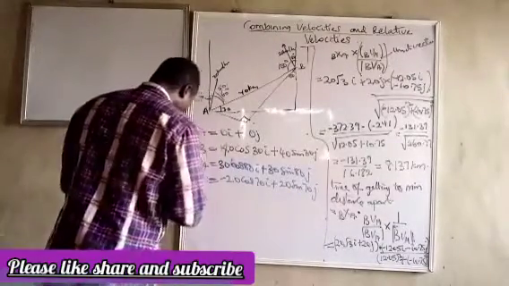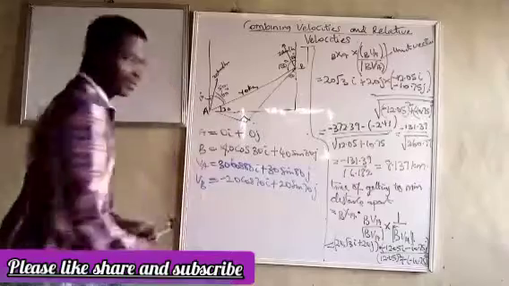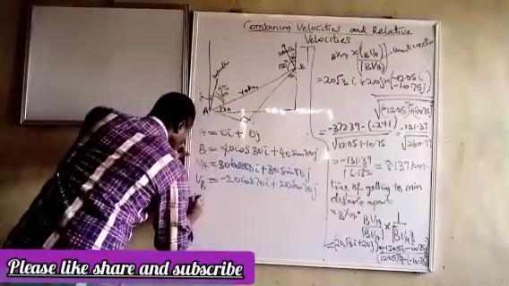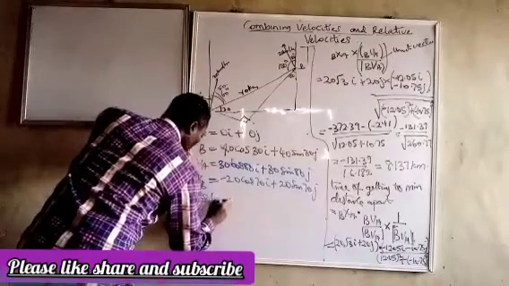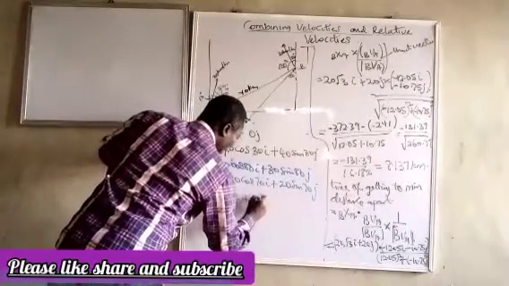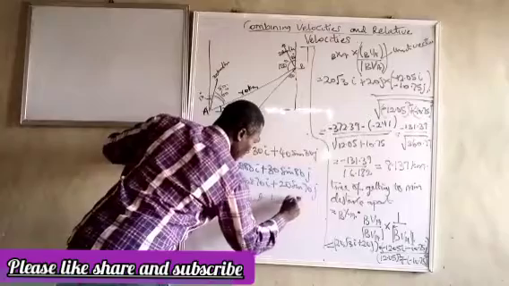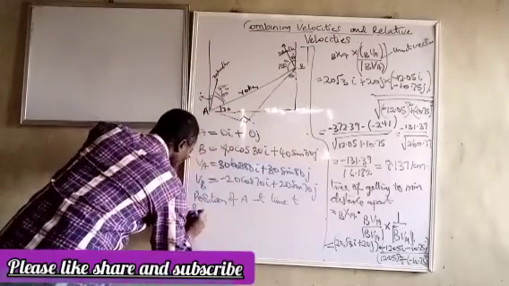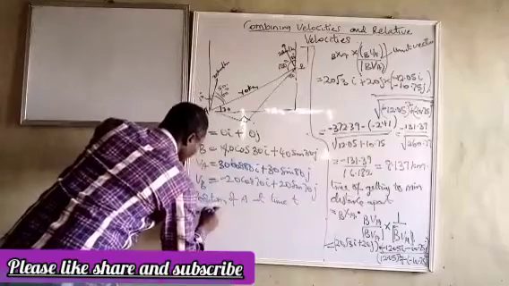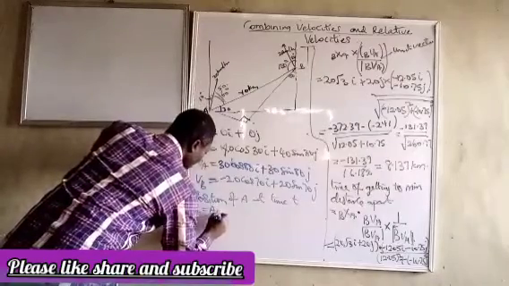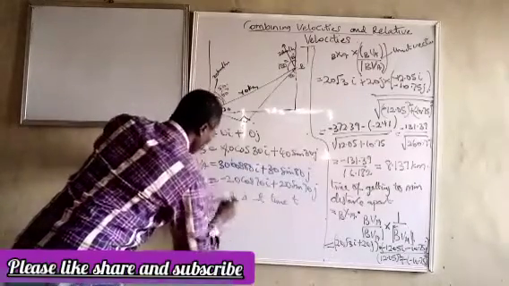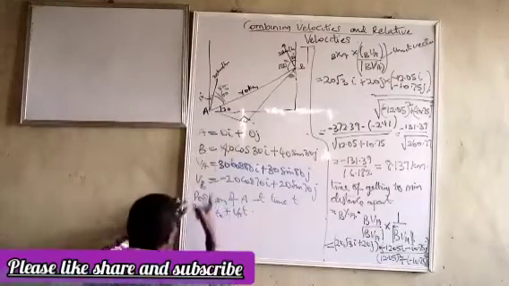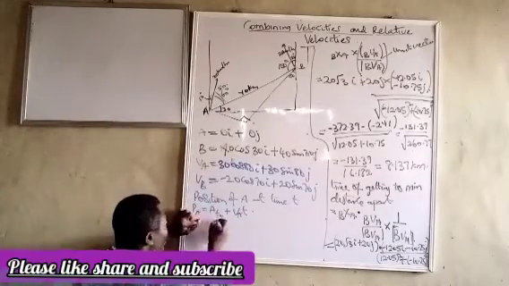Which means the position of A at any time t is going to be the initial position of A at t0 plus VA t, and the initial position of A is 0 at t equals 0.